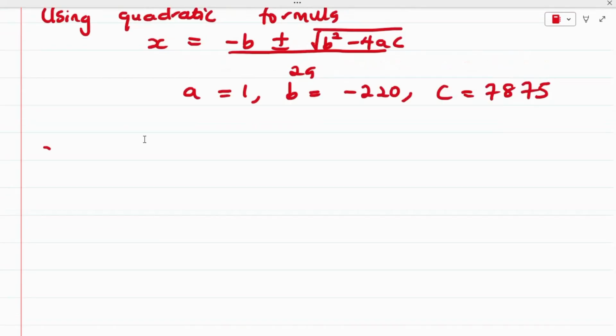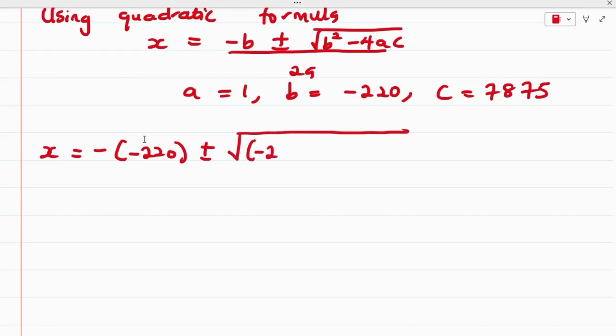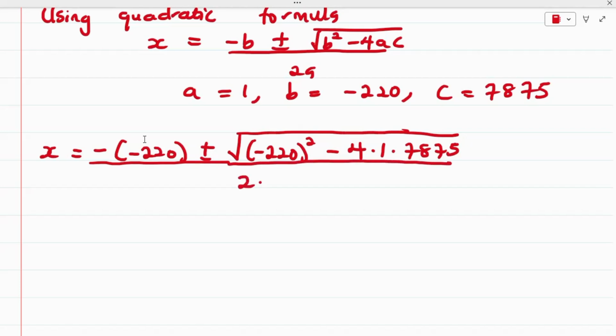So from here we have that x is equal to minus minus 220 plus or minus the square root of b squared, we have it to be minus 220 all squared, minus 4 multiply 1 multiply 7,875, divided by 2 multiply a, which is 2 multiply 1.